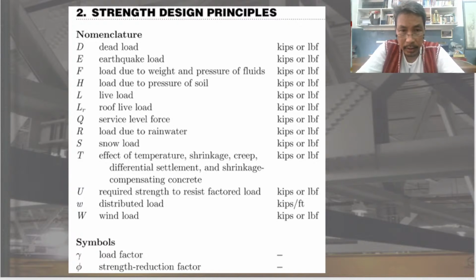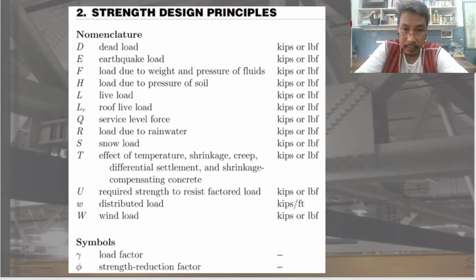D is dead load again. E is earthquake load. Earthquake load is one of the environmental loads, as we already talked about. Again, same unit of measure, kilopounds or pound force. Letter F is load due to weight and pressure of fluids. When we are talking of fluids, we will use F to represent weight and pressure of fluids.